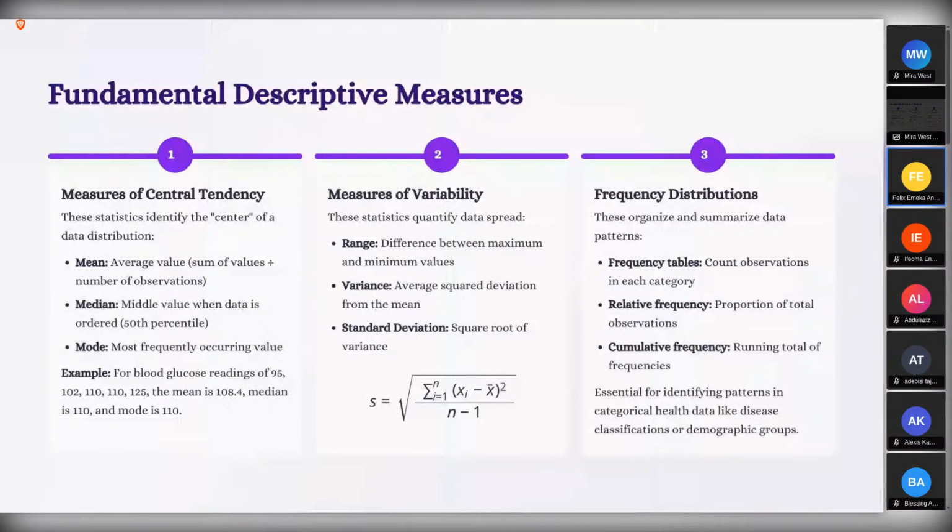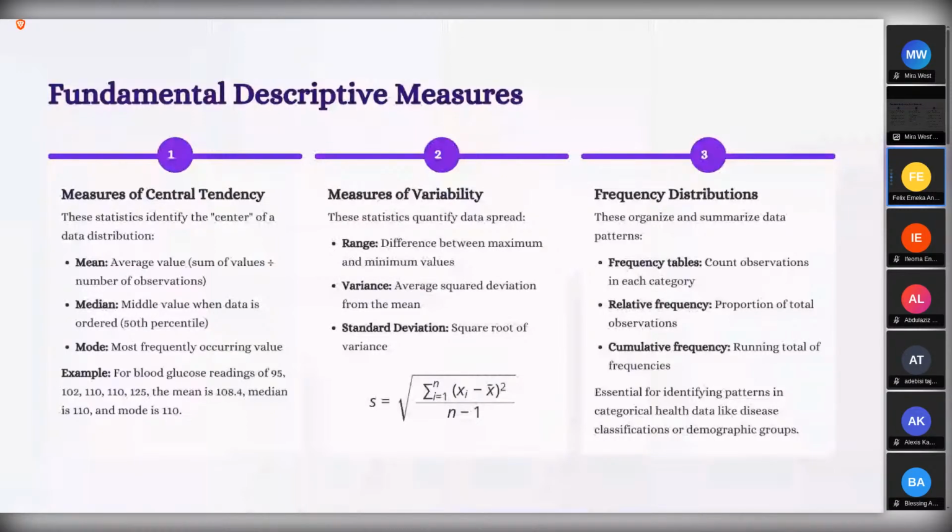So apart from the central tendency, you have the measures of what? Variability. You have the range. Of course, the range just tells you the difference between the minimum number and the maximum number, gives you the range. Then you can have the variance, which is the average square deviation from the mean, and also the standard deviation, which is the square root of variance.